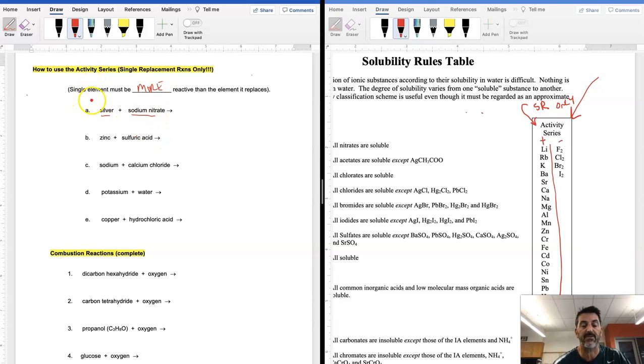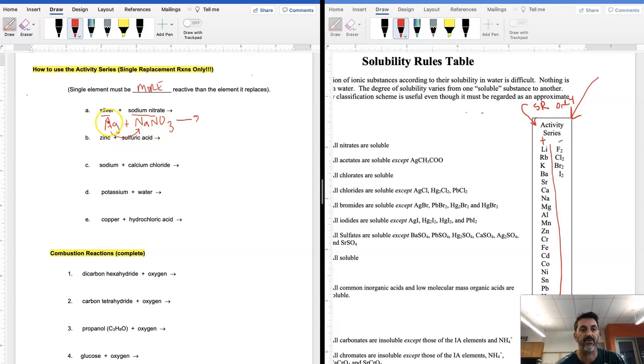Okay, so let's just see what that looks like. So I'm going to do the first reaction here. Silver, Ag, plus sodium nitrate, NaNO3. I'm going to draw my arrow. Okay, so the element silver is going to try and switch places either with the sodium or with the nitrate.